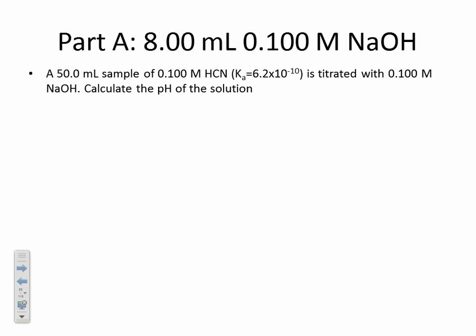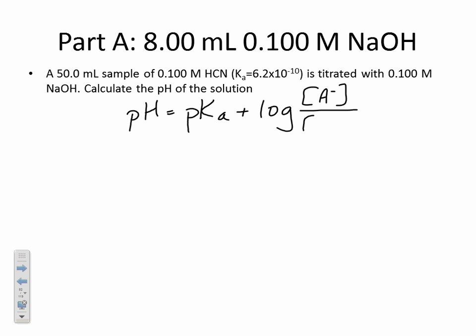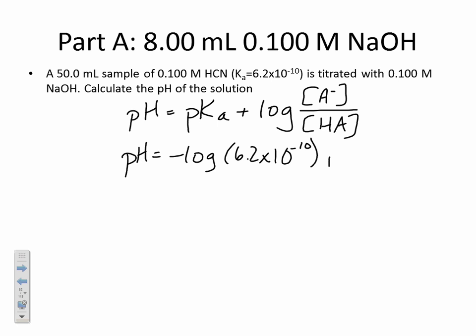I just knew I would need lots of workspace, so I'm going to use the Henderson-Hasselbalch. Just writing the formula up here because we have everything we need. So pH is equal to the negative log of the Ka value, 6.2 times 10 to the minus 10th, plus the log of the cyanide ion over HCN.